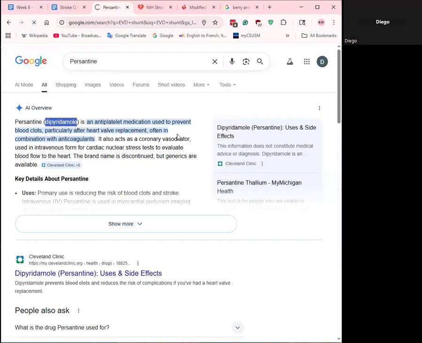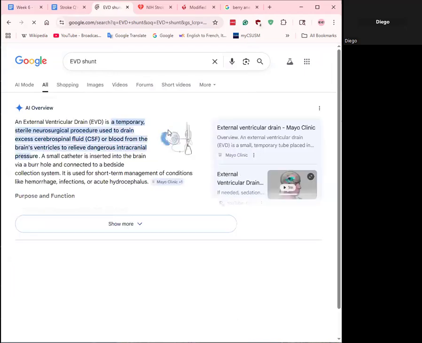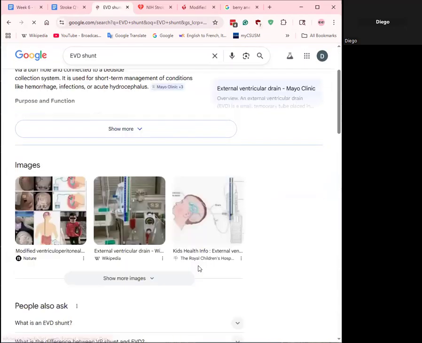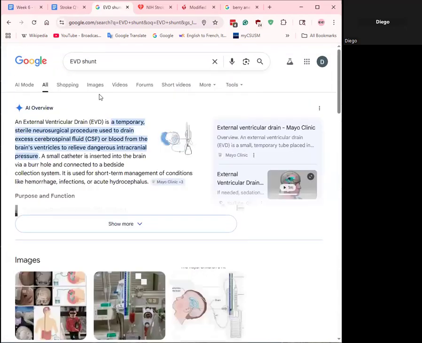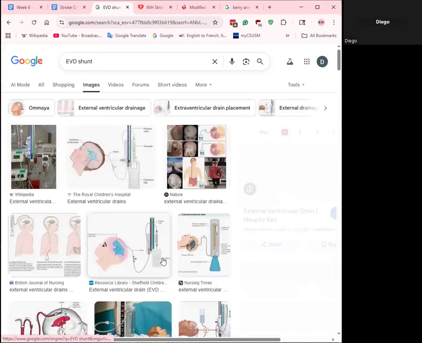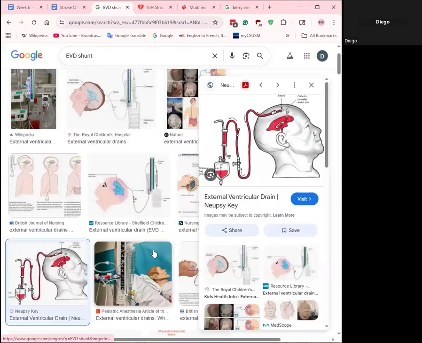It's a device that's in the head. It allows you to drain some cerebrospinal fluid in order to help manage some of the swelling in the brain. So it's a way to help manage some of that pressure that builds up in the brain, that increased intracranial pressure.